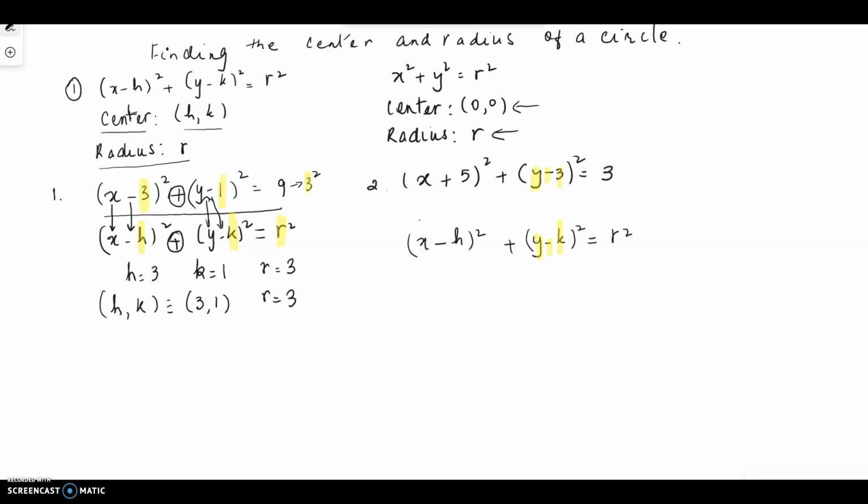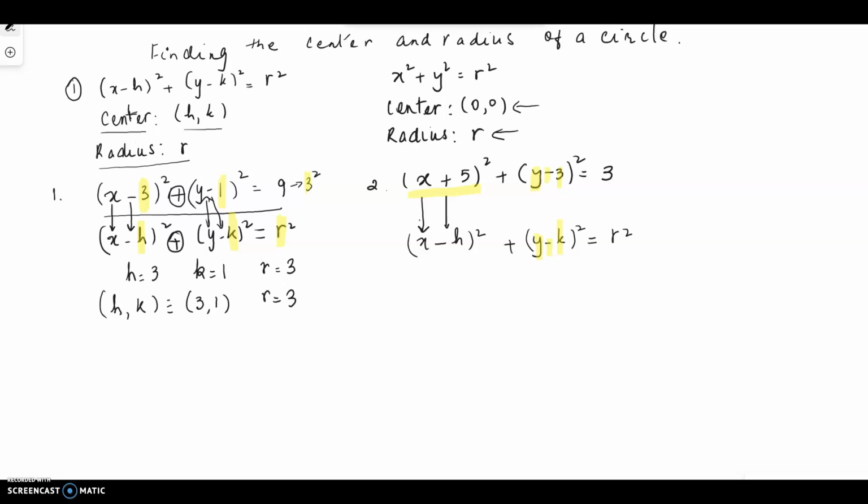But in the case of the first parentheses, x and x match, but notice that here it's a plus and there it's a minus. So in the standard form of the equation, we need a minus.